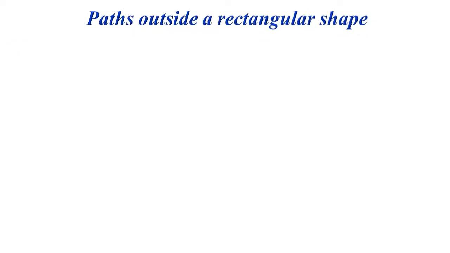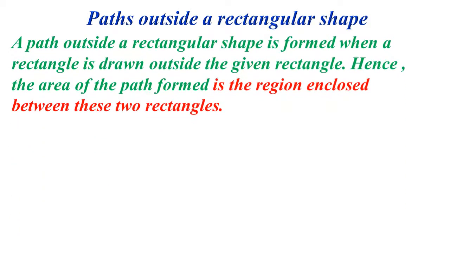Now we shall learn path outside a rectangular shape. A path outside a rectangular shape is formed when a rectangle is drawn outside the given rectangle. Hence the area of the path formed is the region enclosed between these two rectangles. Look at the picture.